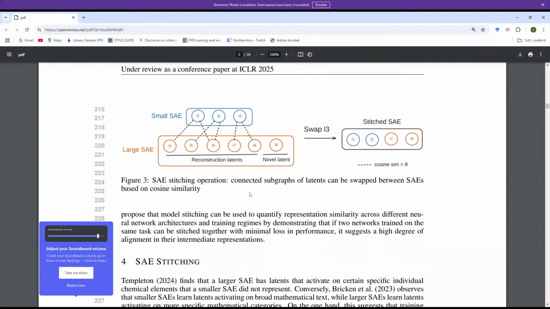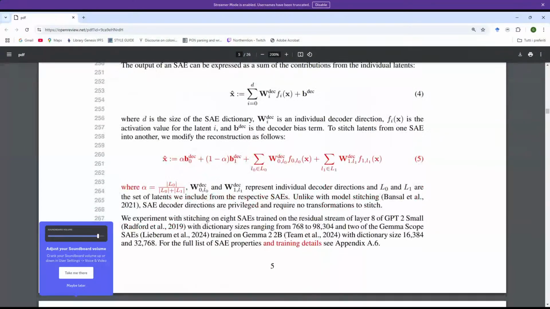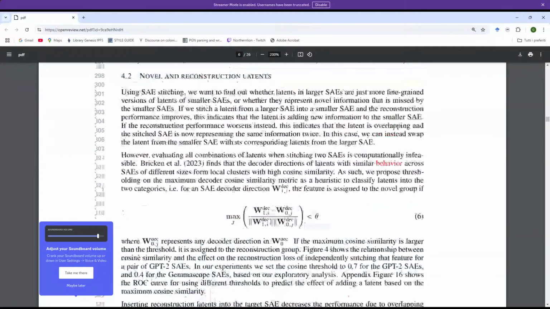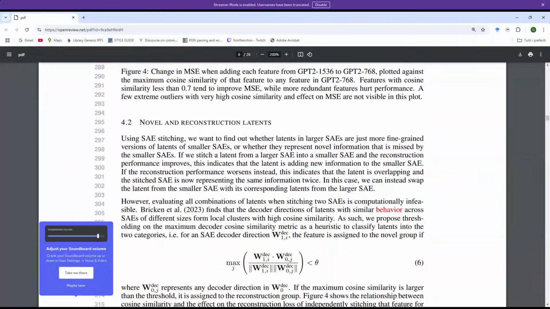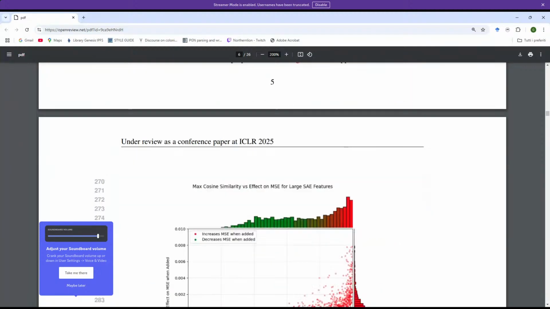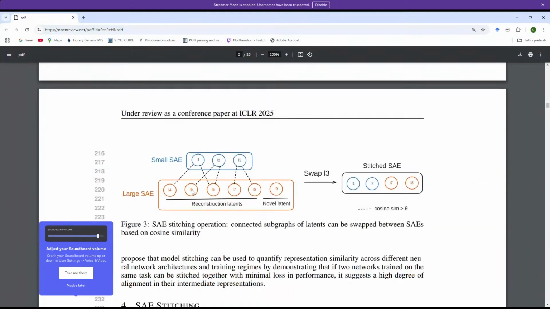And how do they do this matching? Here is the equation. They compute the cosine similarity between each latent of the small SAE with each latent of the big SAE. And then they take the maximum of this cosine similarity.